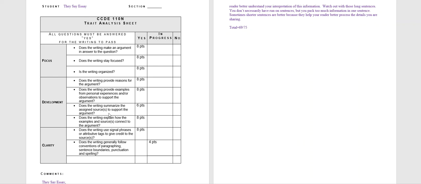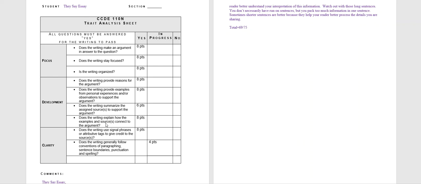So use the advice that's given in the They Say, I Say chapters to help you include summaries and direct quotes, and format those summaries and direct quotes using the models that are provided in the They Say, I Say textbook.